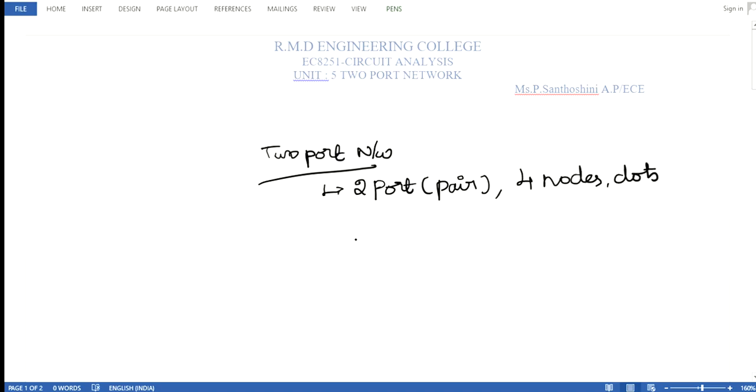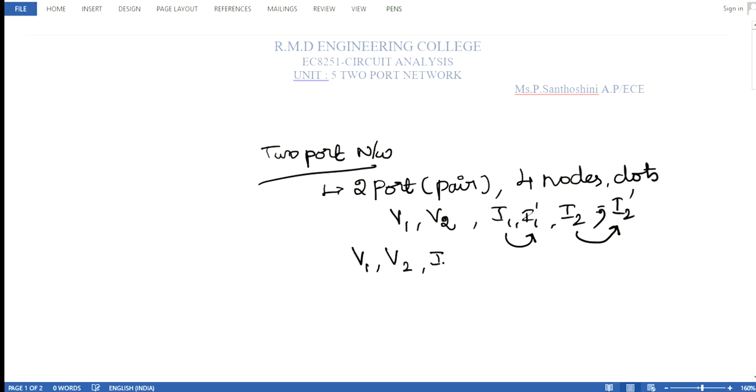So these are the things we know. And what are the parameters involved? V1 and V2 voltage, and the currents I1, I1 dash, I2 and I2 dash. So these are the six parameters. But as per KCL, we can tell that I1 equals I1 dash and I2 equals I2 dash. So totally the involved parameters are V1, V2, I1, I2. Clear? These are the parameters.